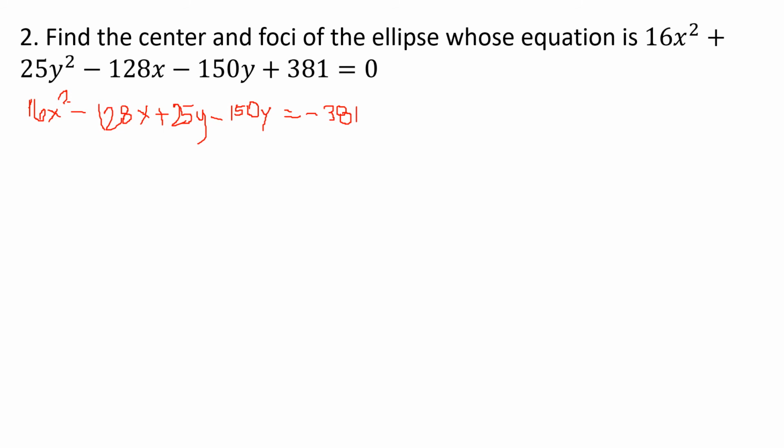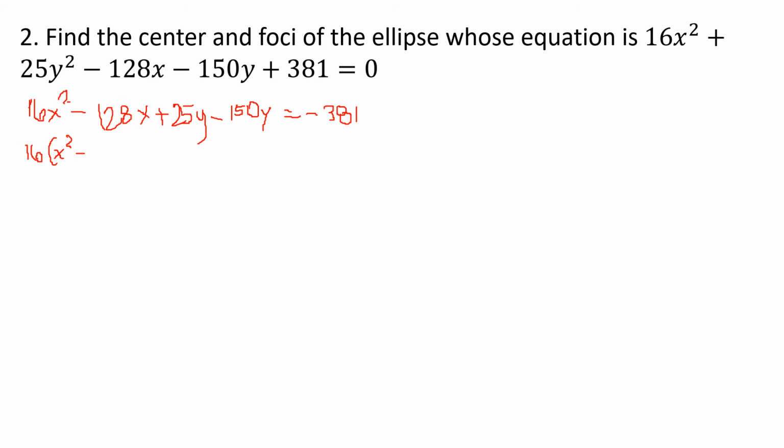Then you do the completing the square. So I factor out 16 from x squared. You factor out 16 from 16x squared and 128x.